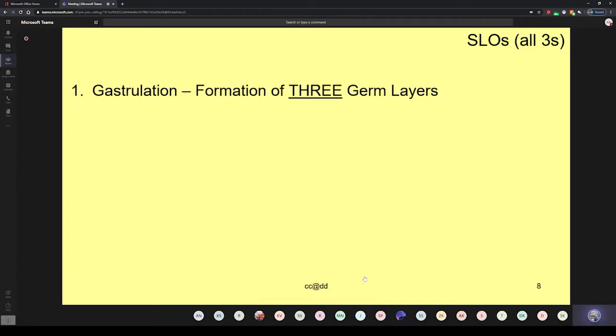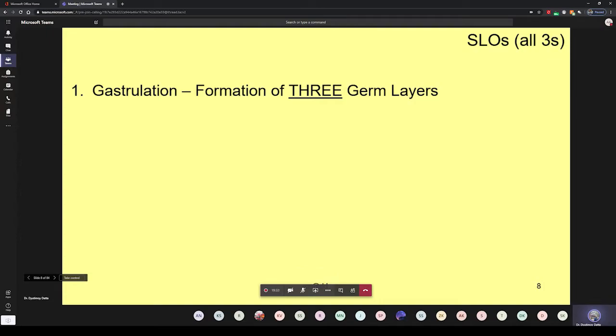Right. Remember this word. This is the most significant event in embryology. Of course, after fertilization, after implantation, this particular word, what do you see here? It is called gastrulation. Okay.